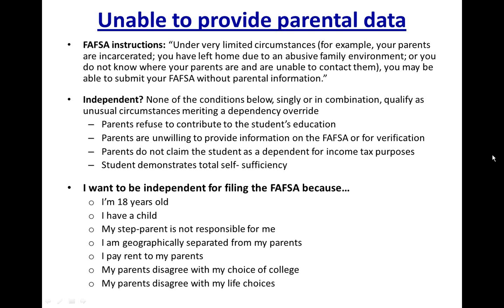For FAFSA regulations, it cannot simply be based on a matter of geography. There must be some kind of extreme circumstance that prevents that student from getting the information from the parents and communicating with them in this process. I pay rent to my parents. My parents disagree with my choice of college. My parents disagree with my life choices.